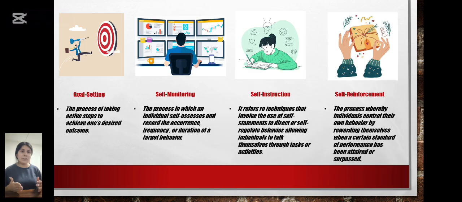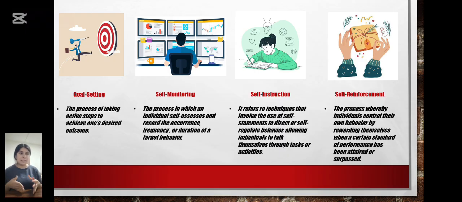So yes, at first, goal setting. Goal setting is the process of taking active steps to achieve your desired outcome. So it's about the steps that you take to achieve your plan, your outcome. The second one is self-monitoring.